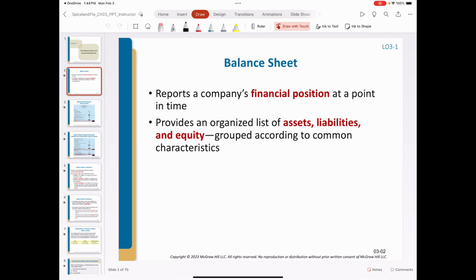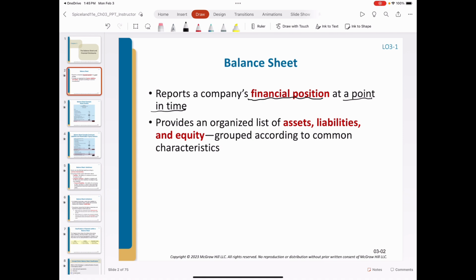As I mentioned in the prior chapters, the balance sheet reports a company's financial position at a point in time. The balance sheet is just like when we take a photo. The picture just shows the status at that moment.